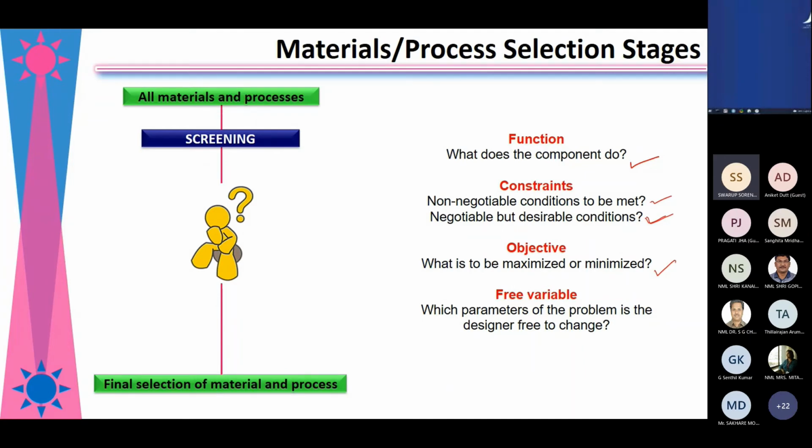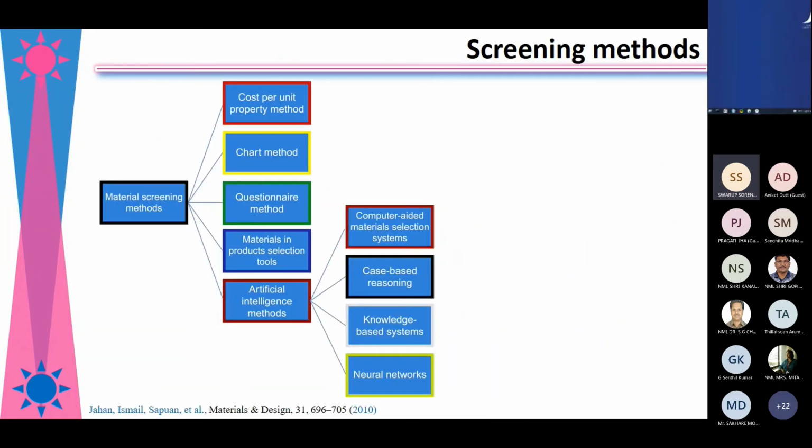So all those materials which do not fit to those function constraints, they will be screened out. So what are the different processes by which we screen? Here material screening methods are there, so many methods are there, but I will not be going in detail of this. I will take only this one, chart method, to show you how it is done.